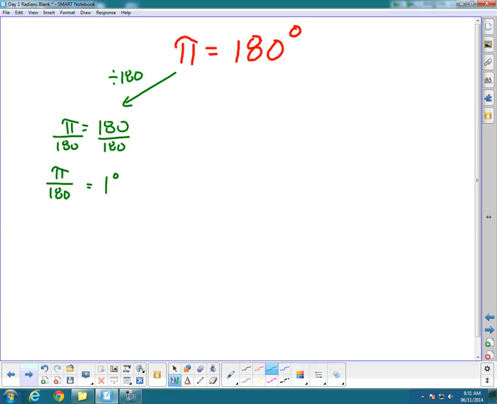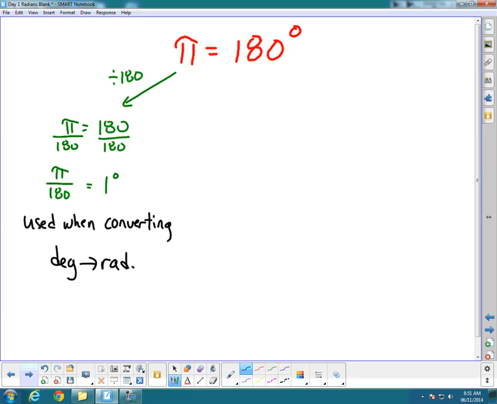And I'm going to get 1 degree is equal to pi over 180. That will be useful when converting from degrees to radians, and we'll show an example in a second.